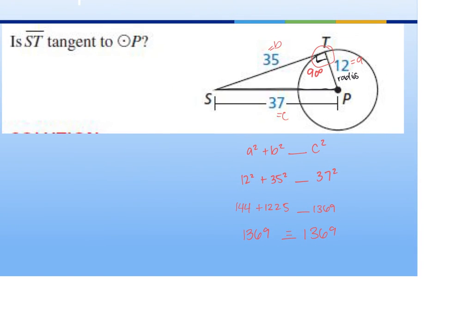Wow. So yes, ST is perpendicular to PT, therefore ST is tangent. So cool. Okay?